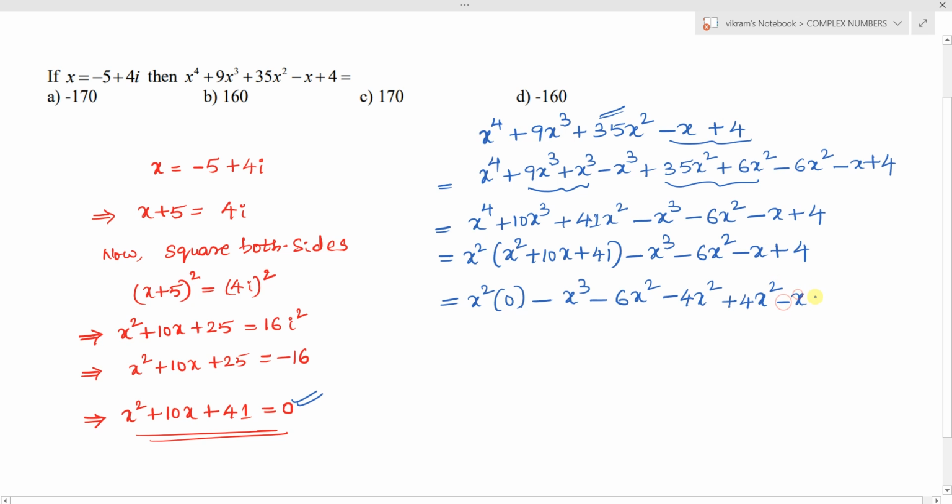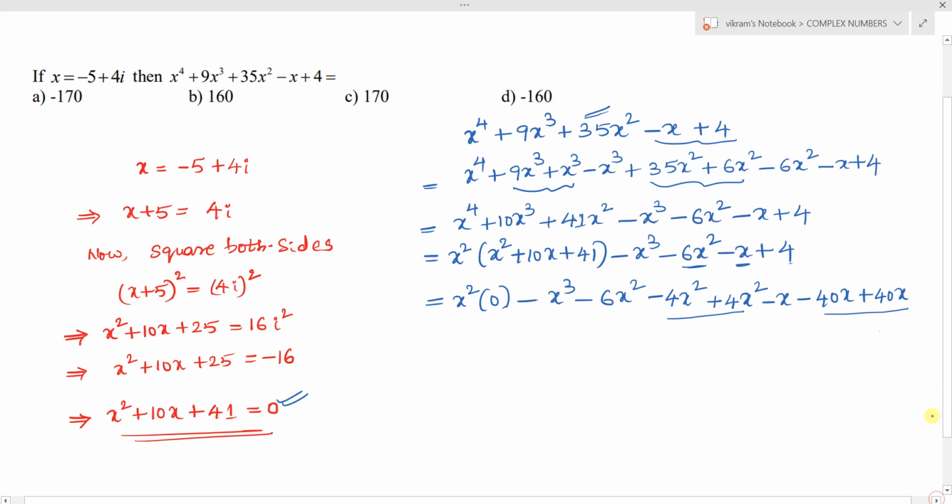Then for minus x, if I take x common, I can add minus 40x plus 40x. For this x square we added minus 4x square plus 4x square, for this minus x we added minus 40x plus 40x, and we have the term plus 4 over here. Now this term is 0.